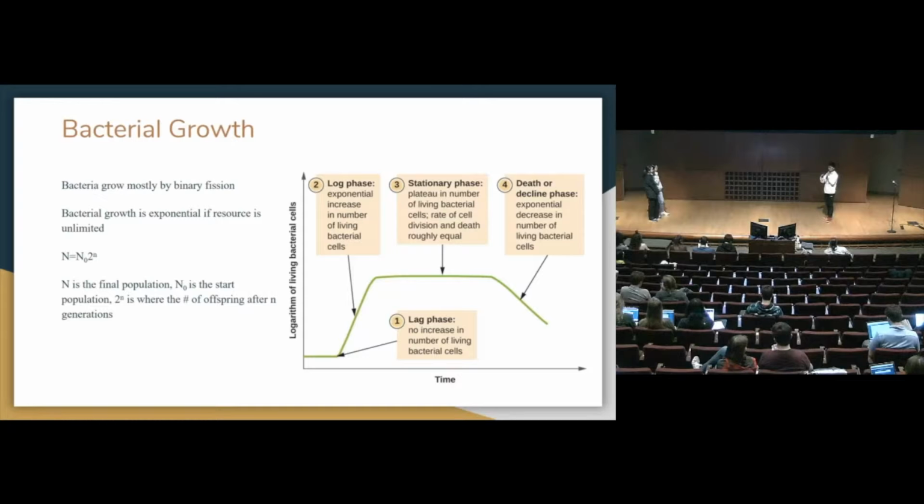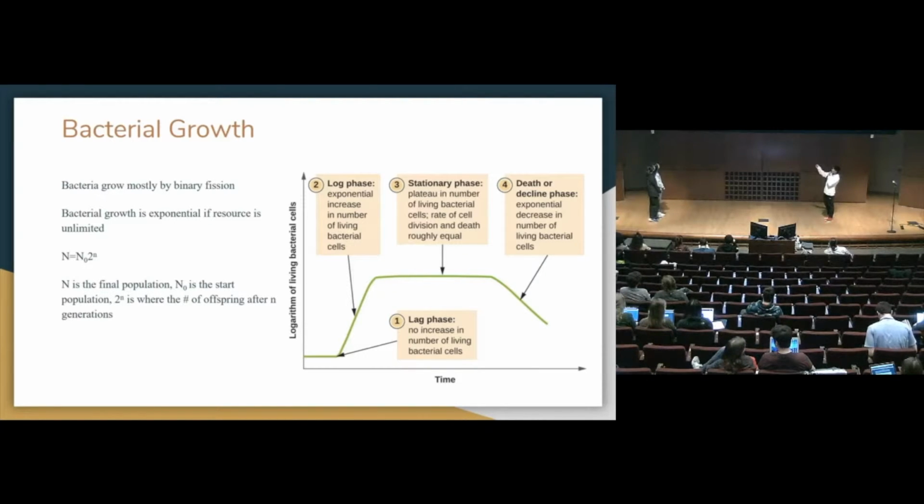And when the death rate becomes close to the division rate of the bacterial cells, the number of cells in the culture stays stationary for a while. That's the stationary phase. And the last stage is the death or decline stage, because ultimately you're getting less and less resources, and the bacteria cannot grow in your environment, so they die out.